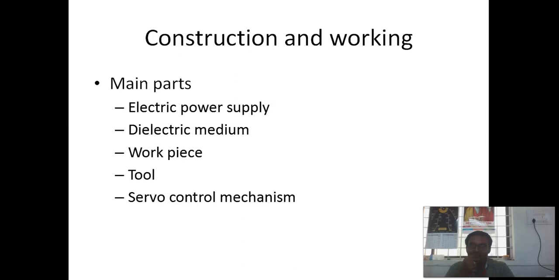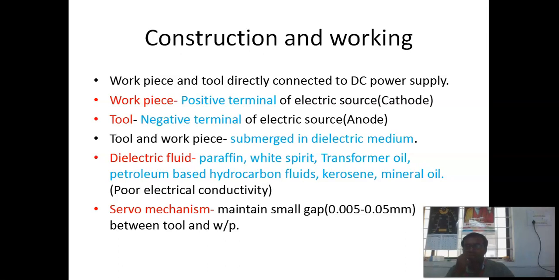Next, we will discuss the construction and working of the electrical discharge machining process. Some of the major parts are the electric power supply, DC supply, positive terminal and negative terminal, the dielectric medium or dielectric fluid, workpiece, tool, and servo control mechanism. Here the workpiece and the tool are directly connected to the DC power supply. The workpiece is connected to the positive terminal of the electric source, and the tool is connected to the negative terminal.